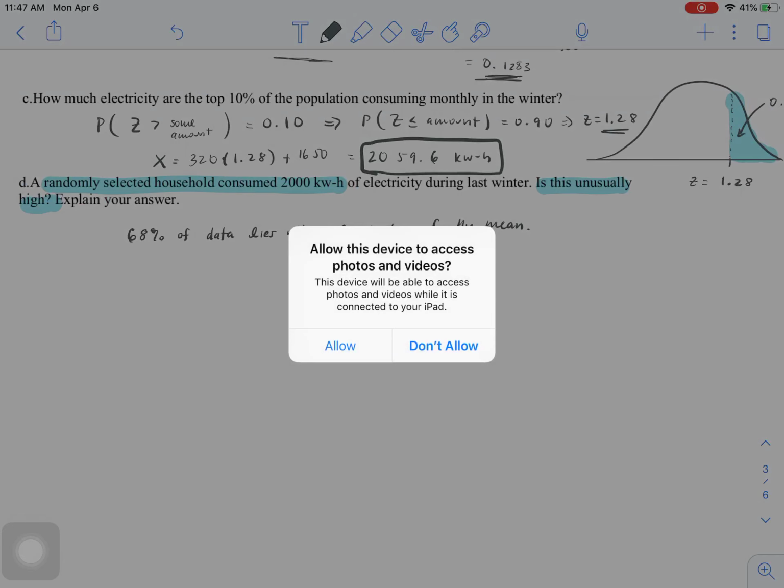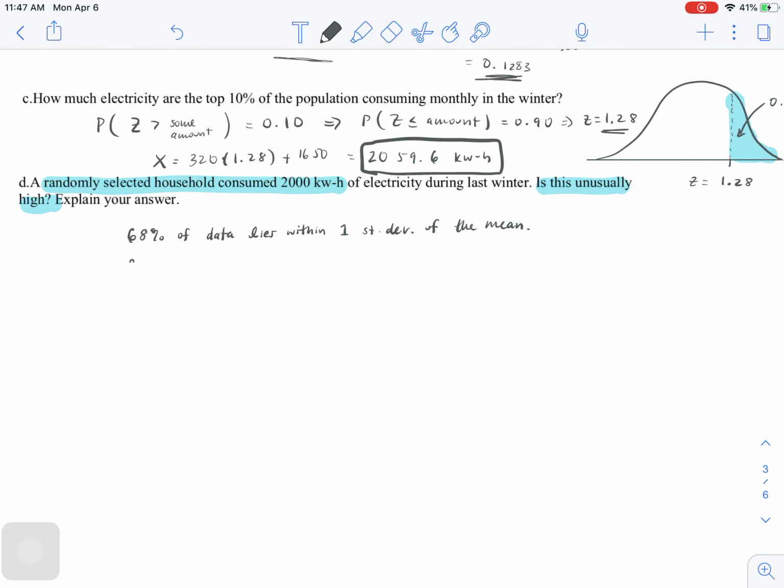The empirical rule also says that approximately 95% of the data lies within 2 standard deviations of the mean.